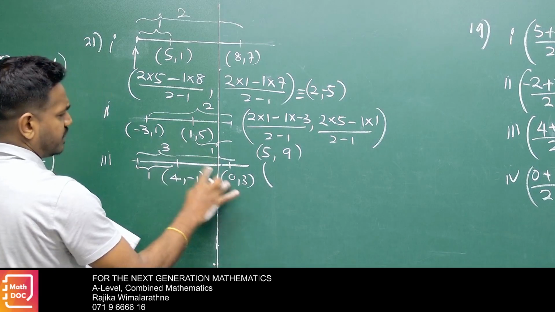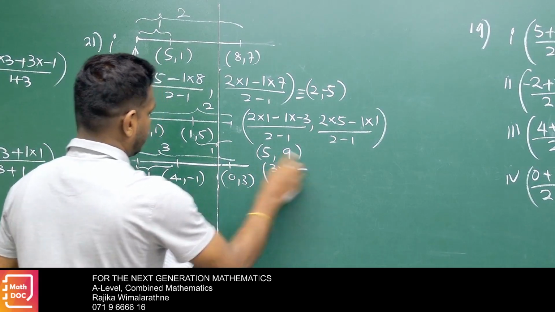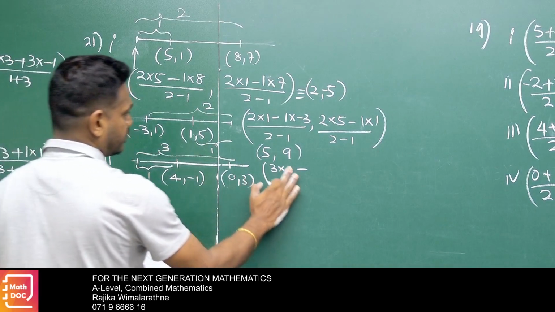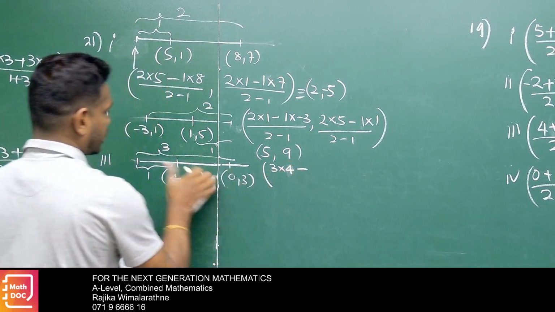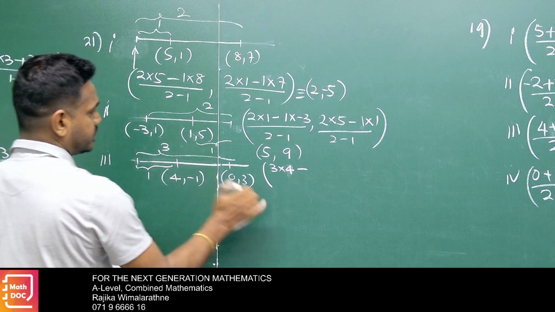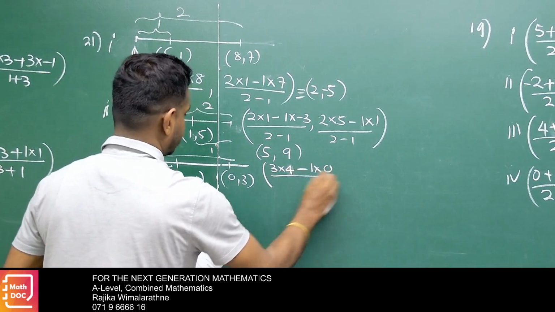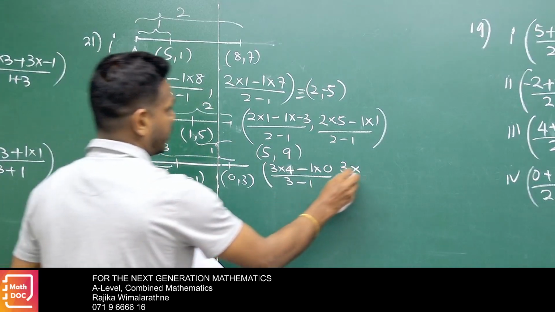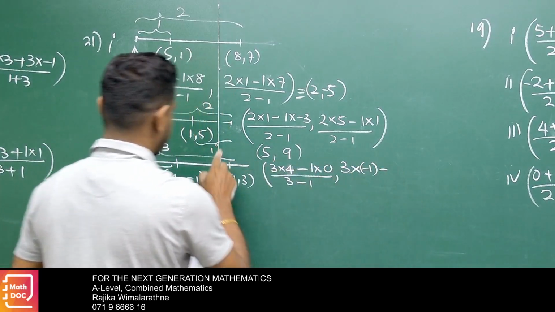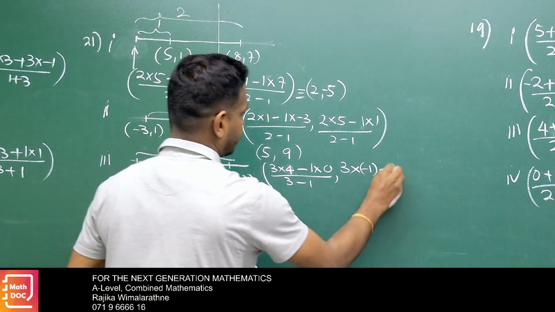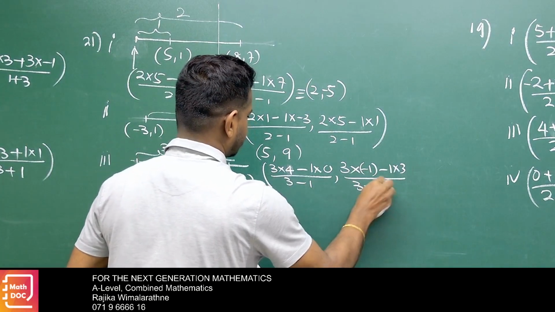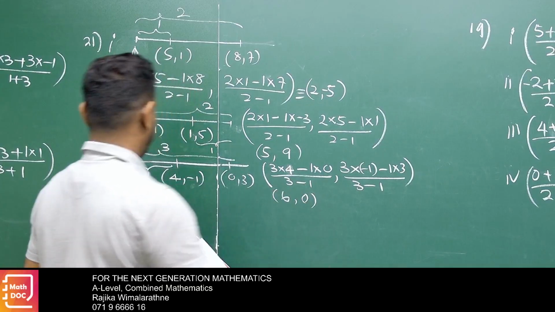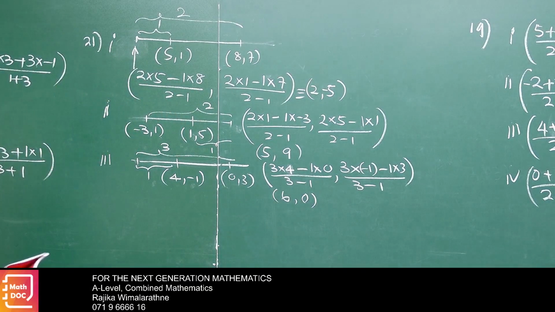Then here you write 3 times 0 minus 1 times 4, over 3 minus 1, 3 times minus 1 minus 1 times 3, over 3 minus 1. Then 6, 0. Continue.